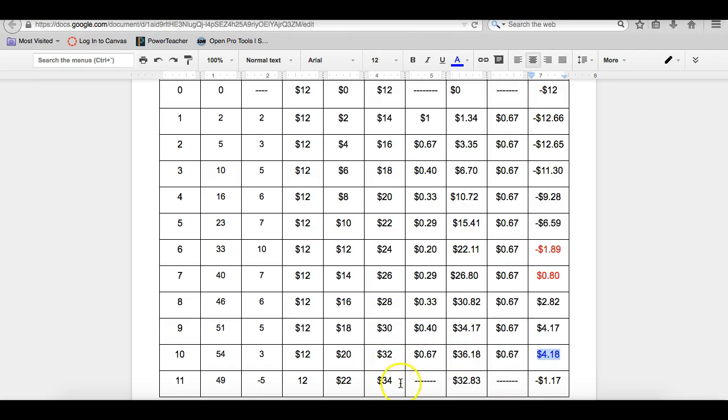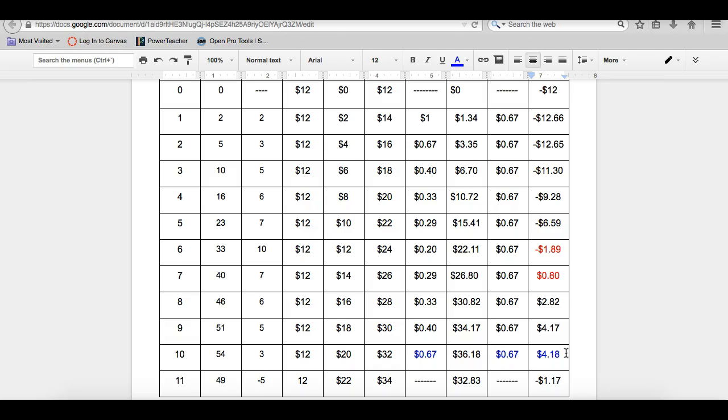Also notice that at 10 workers, our marginal cost is 67 and our marginal revenue is 67. This is where our profit maximizing point is. This tells us how many workers we should actually hire.